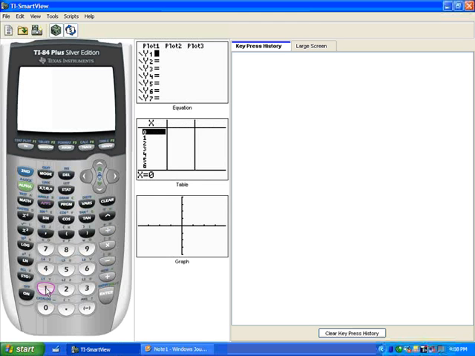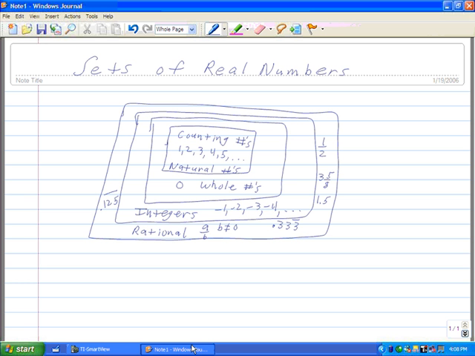Because if you, for example, take 1/3 and put that into a decimal form, that's where the repeating 3 comes from. So again, any decimal that goes on forever, like this one does, but has a repeating pattern to it, is going to fall into the rational number category.